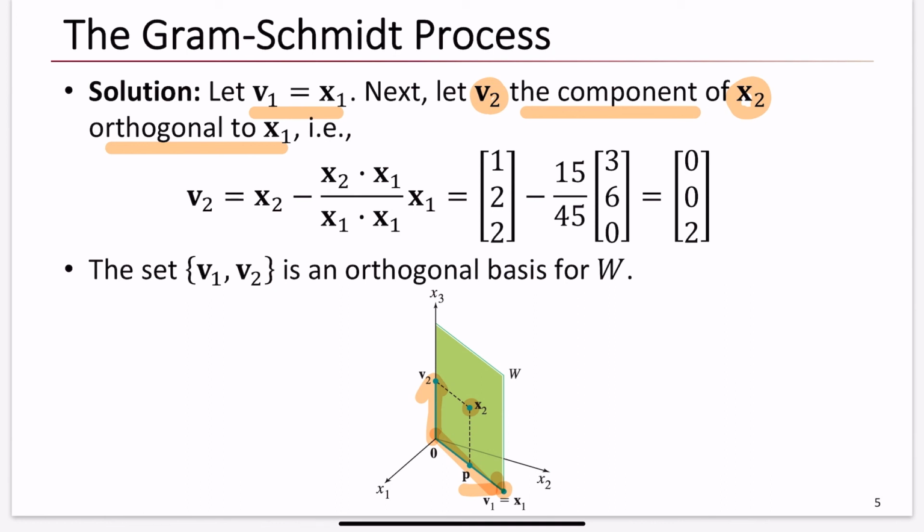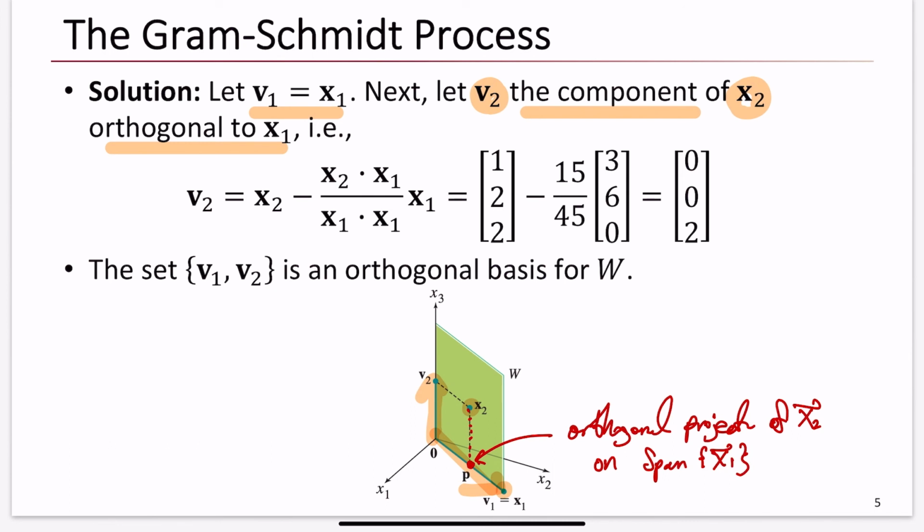So the question is, how can I find this? We have to find the orthogonal projection of x2 on the line spanned by x1 or v1.